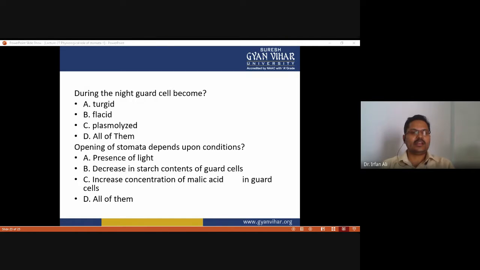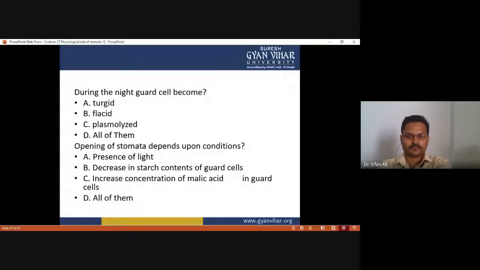Opening of stomata depends upon which of the following conditions: presence of light, decrease of starch content of the guard cell, increased concentration of malic acid in the guard cell. Jyoti, what is the answer? Sir, all of them. All of them, because all the conditions favor the opening of the stomata.